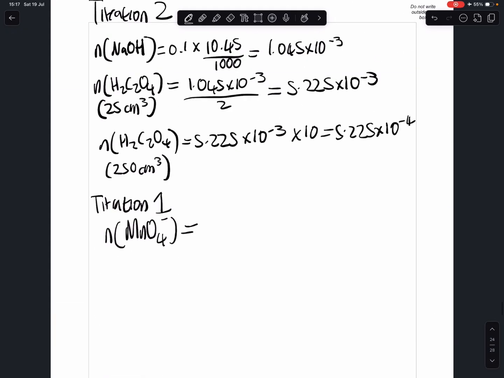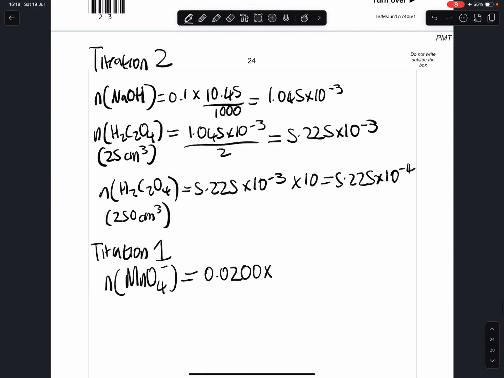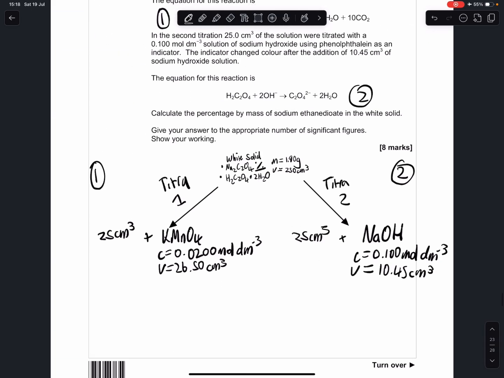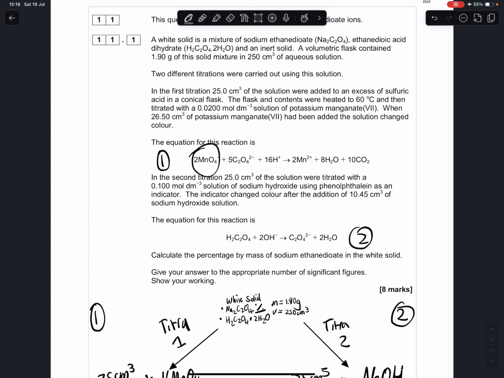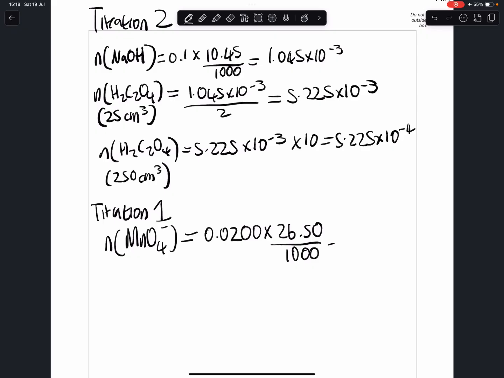So 0.02 times 26.50, but we need that in decimeter cubed, so we're going to divide that by 1,000, or you can do times 10 to the negative 3, and that will give us our moles of MnO4 minus in this equation right here to be 5.3 times 10 to the negative 4.